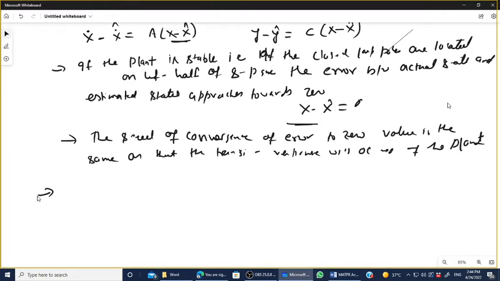If you are able to get the transient response of the observer faster than that of the actual plant, you are able to receive all these estimated states almost instantly, and we feed them to the system before the transient of the actual plant.